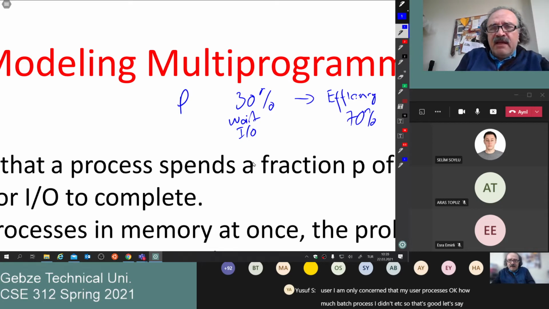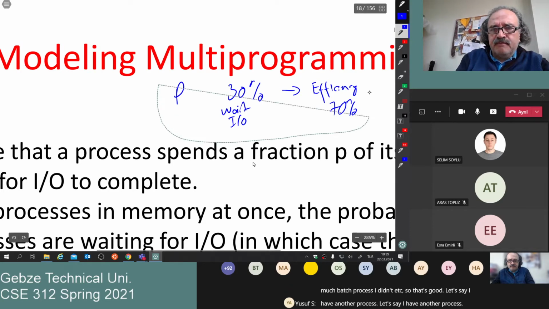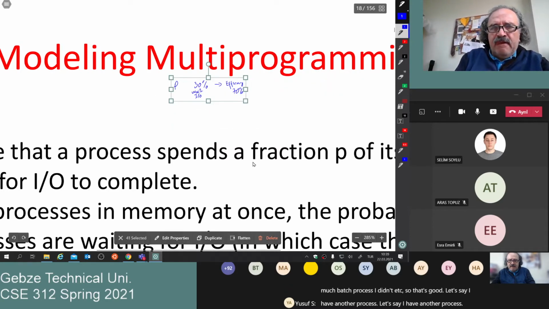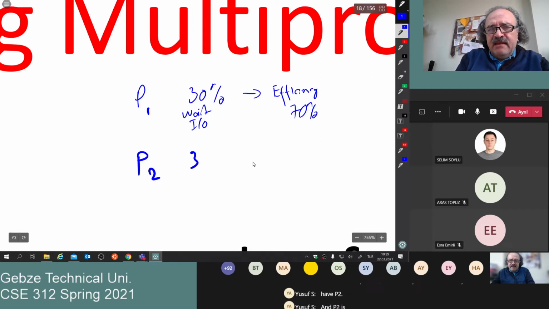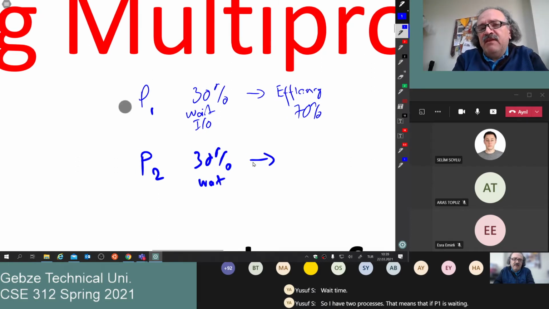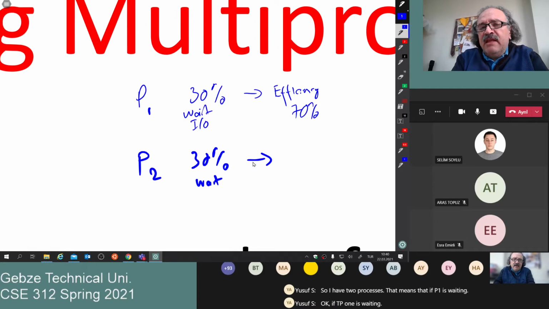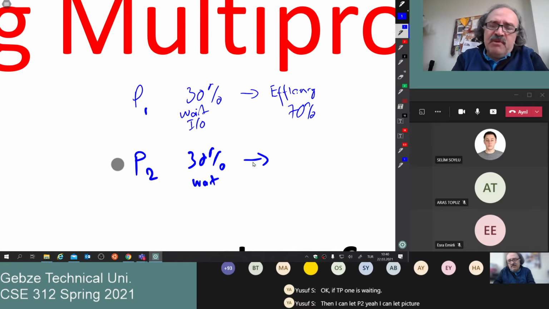Let's say I have another process, P2, and P2 is again 30% wait time. So I have two processes. That means that if P1 is waiting, then I can let P2 use the CPU, right? So I could be more efficient.